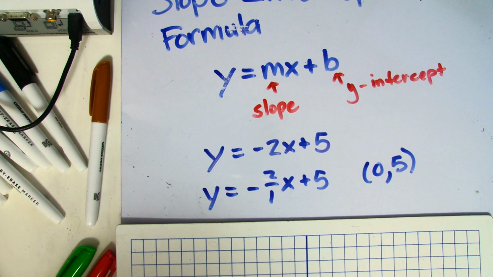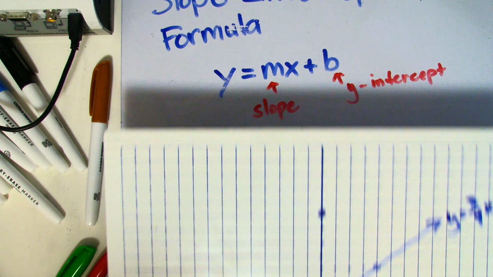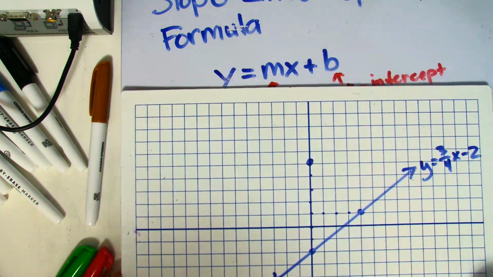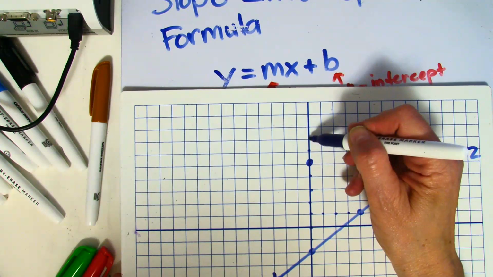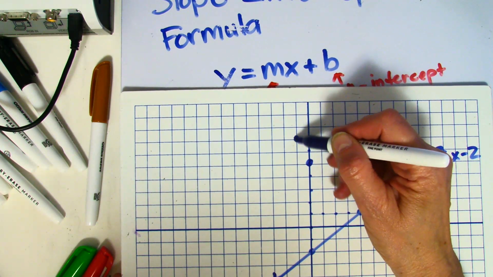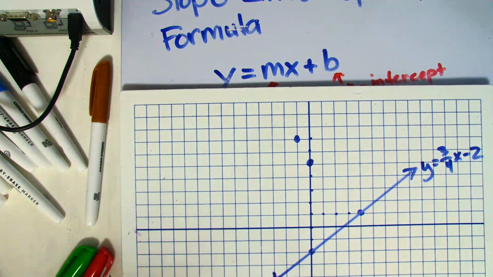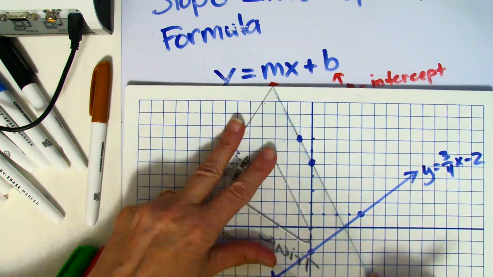Now I can go down 2 and to the right 1, or I can go up 2 and to the left 1. It doesn't matter. I'm going to go ahead and go up 2 and then to the left 1. So 1, 2, and to the left 1. And I've got 2 points now, and now I can draw my line.